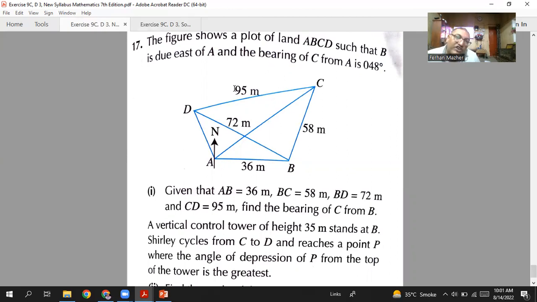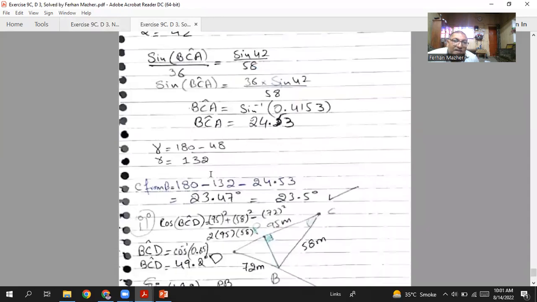When you are going from C to D, and if you draw a perpendicular from B onto the DC side, this angle here should be 90. That will be the shortest distance between B and the CD line. And when you reach this point, then your angle of depression will be the greatest.